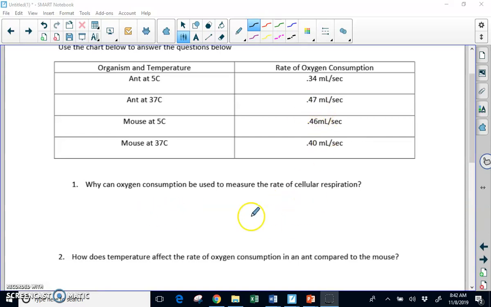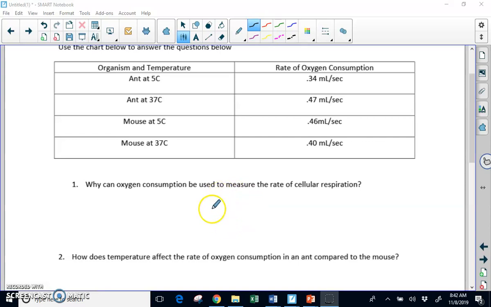So why can oxygen in general be used to measure the rate of cellular respiration or metabolic rate? Oxygen is a reactant of respiration. Whoa, it's early. Oxygen is a reactant of respiration, and you remember it's used at the end of the electron transport chain to accept the final electrons that have been used to pump H+ into the intermembrane space.